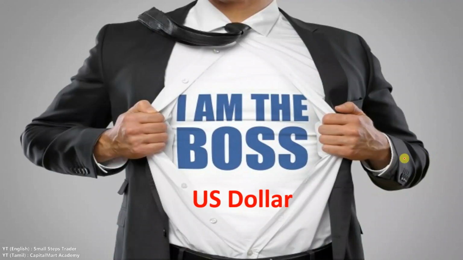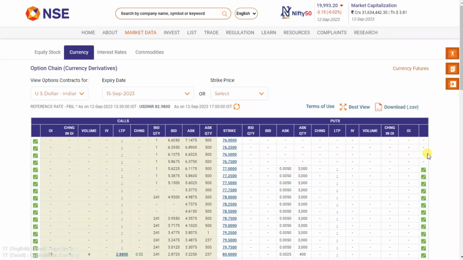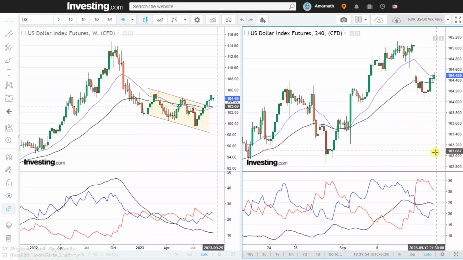Now we'll see the US dollar index. See, both the DMAs are around 20. There is no direction. Though this candle is quite big, there is no momentum.